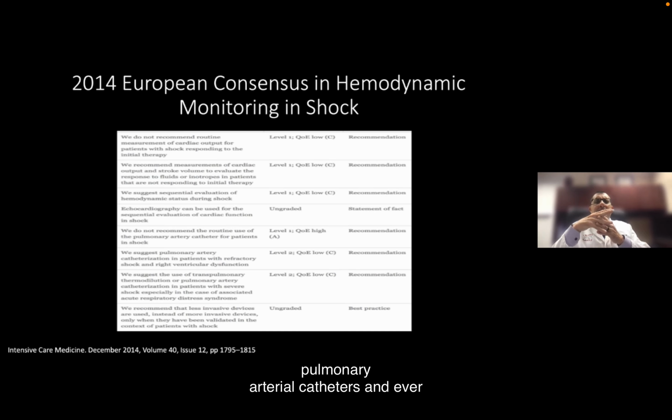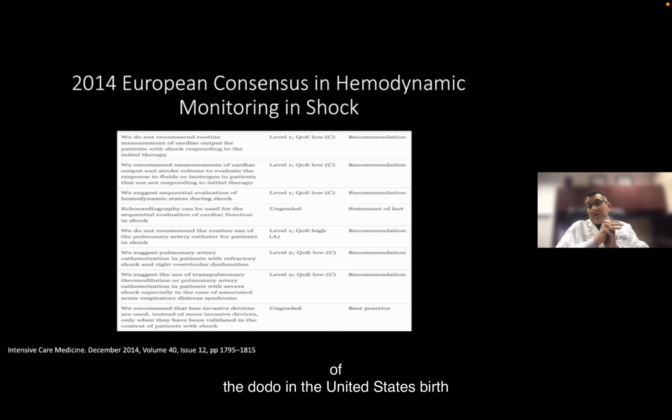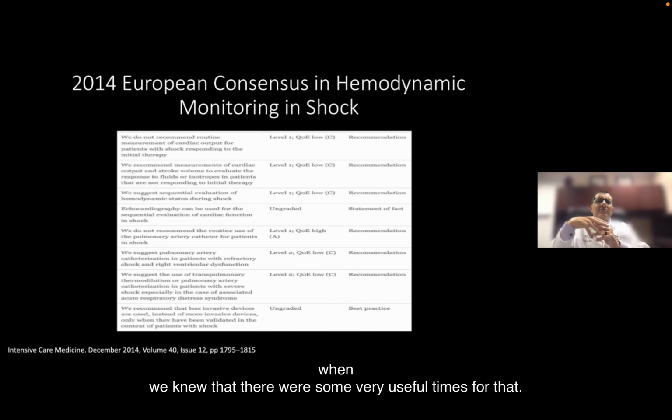And ever since 2007, 2008, it was looked at that pulmonary catheters have gone the way of the dodo bird in the United States. And with that, we actually started bringing back our pulmonary arterial catheters around 14, 16, when we knew that there were some very useful times for that.